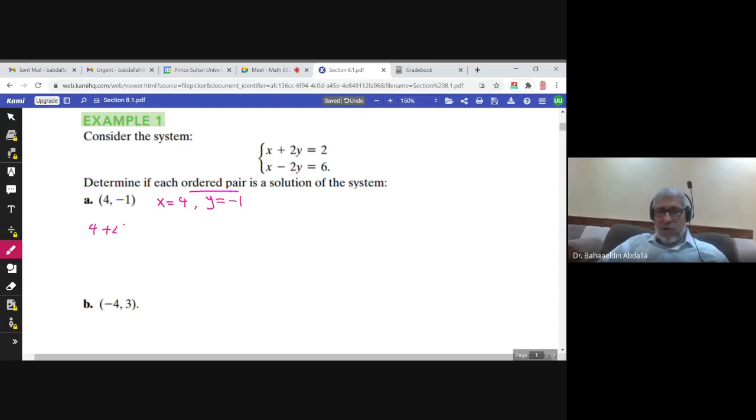So 4 plus 2 times -1 is 4 minus 2, which is equal to 2. So the first equation is true, satisfied. Now the second equation, x minus 2 times y, which is 4 minus 2 times -1, so 4 plus 2, which is equal to 6. So this is also true. So yes, 4 and -1 is a solution of the system.